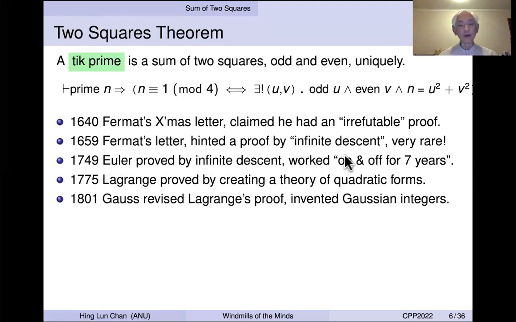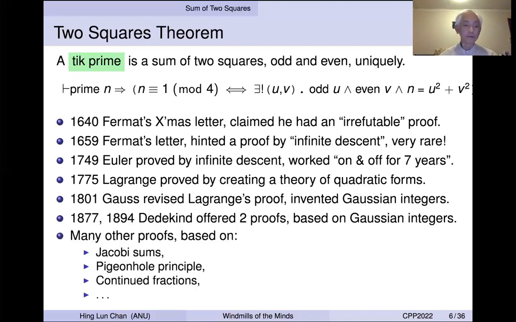He had been working on and off for 7 years. Later on, other famous mathematicians came up with their own proofs. Why? Basically because they found that the previous proofs were too complicated, and so they invented their own theories for their new proofs. There are more.